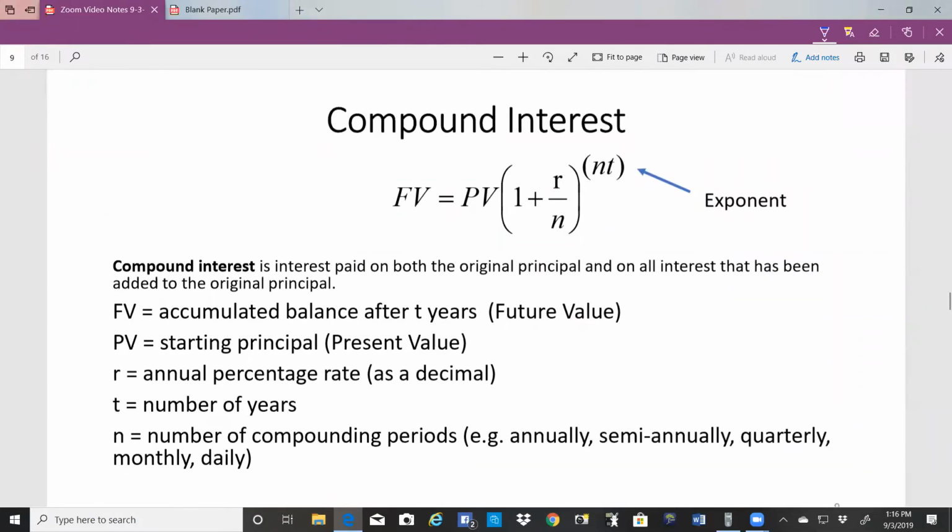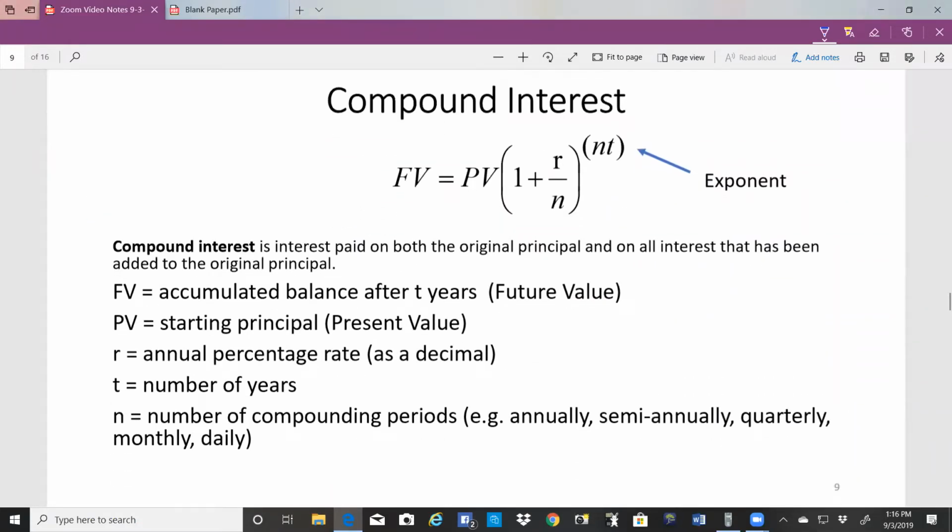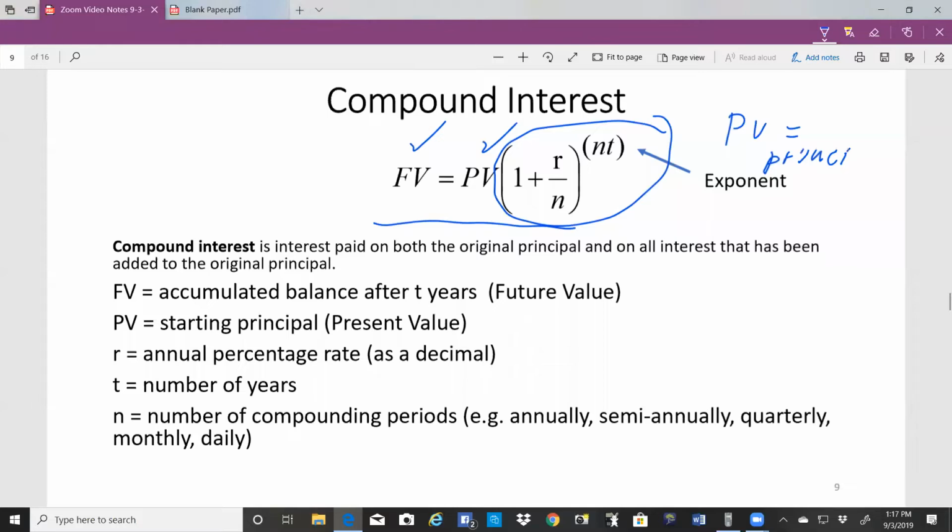Now, getting to compound interest, you're familiar with this formula. The future value of your account is going to be the present value of the account times this expression, which is the power of an exponential function. You could also say the present value is the principal. Usually what you first put in the bank is called the principal.